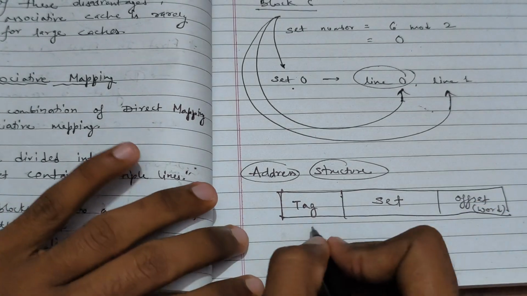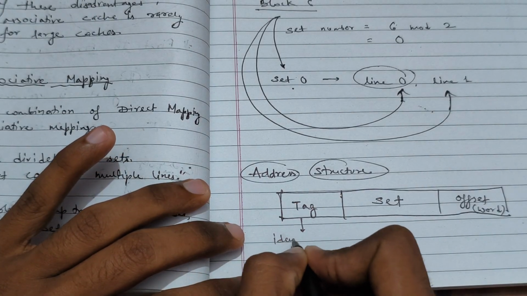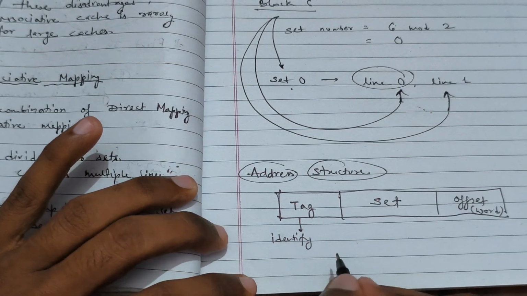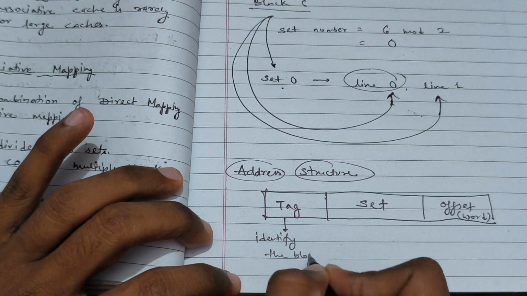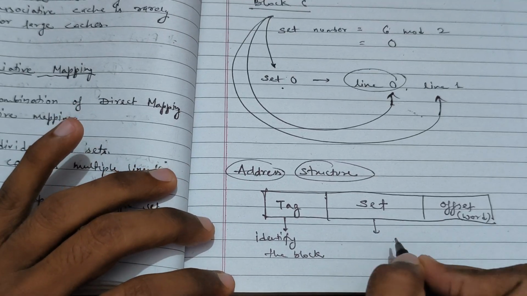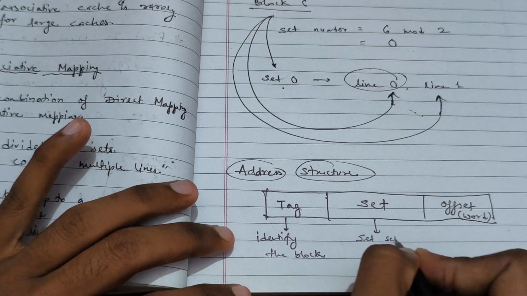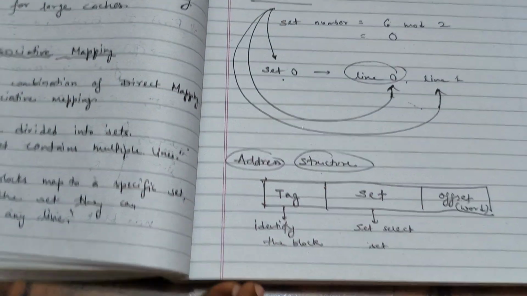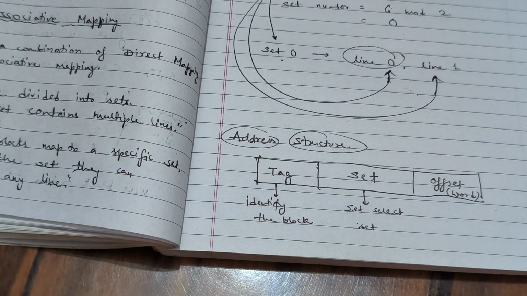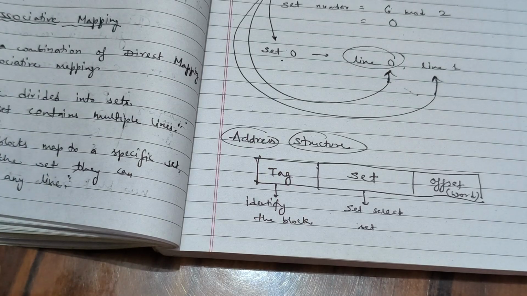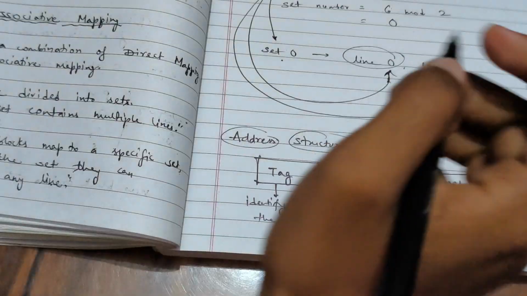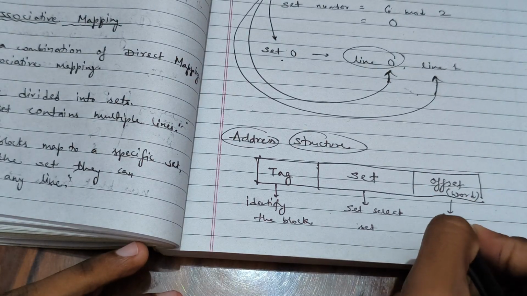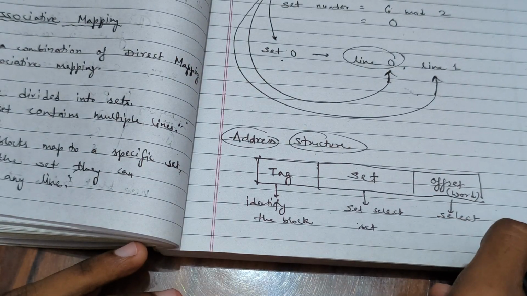The tag helps us identify the block, as it did in direct mapping. The set selects the set. Now inside the set, we simultaneously check all the cache lines, and if we get the particular data item we are looking for, that is a cache hit, else it's a cache miss. And the word again selects data within the block.